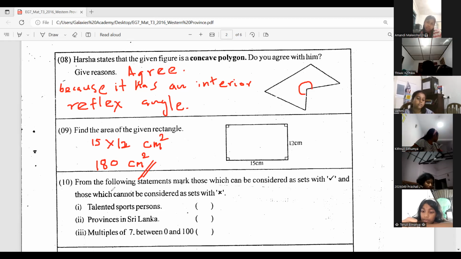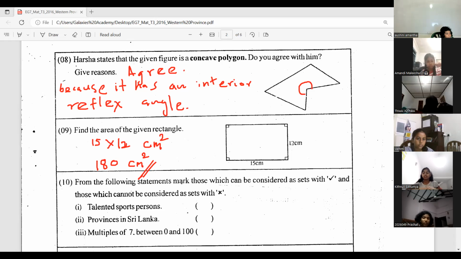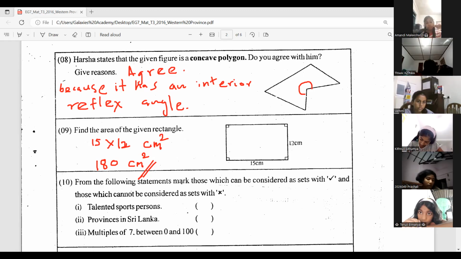Right. Next one, from the following statements, mark those which can be considered as sets with a tick mark and those which cannot be considered as sets with a cross mark. Prashali, can you tell me, talented sports persons, set or not a set? Not a set. What's the reason?